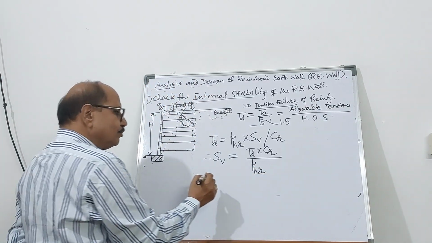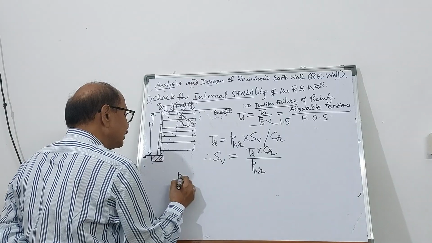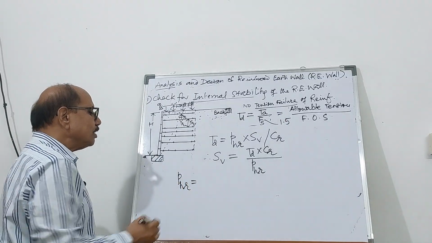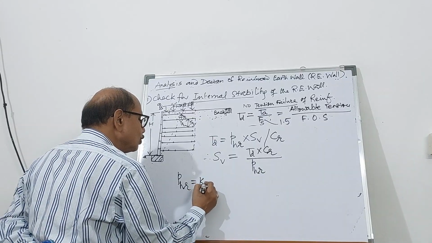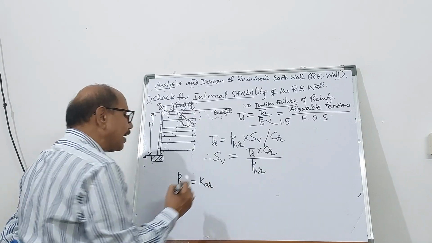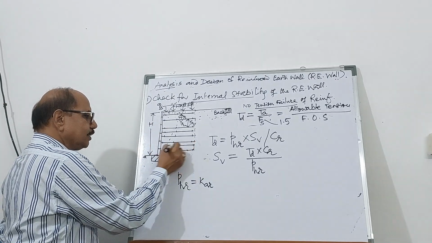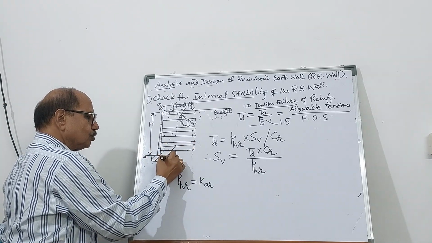So what is the horizontal force that is getting developed in the reinforced zone? You have seen it. It is going to be the coefficient of active earth pressure in the reinforced zone. This zone up to here is the reinforced zone.